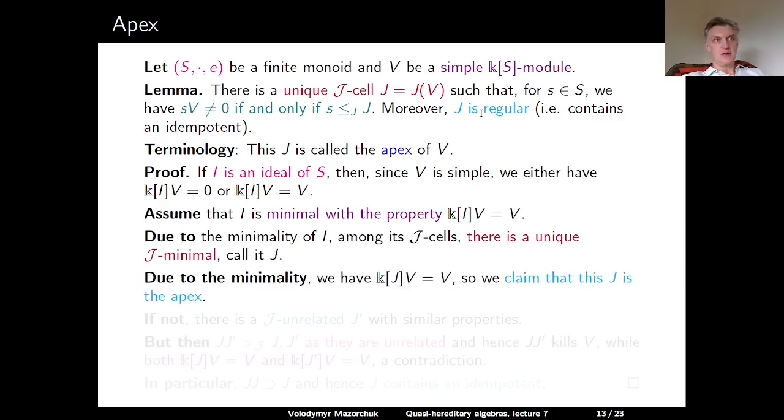So if you look at our two-sided cell J, which we just defined, then applying its linearization to V gives V, because all other two-sided cells in I applying to V give 0.